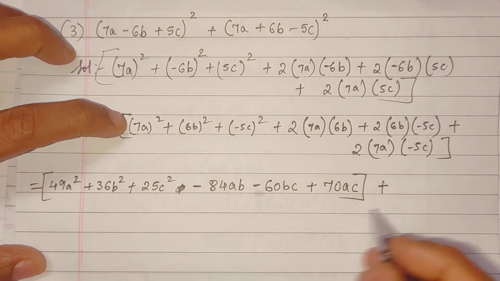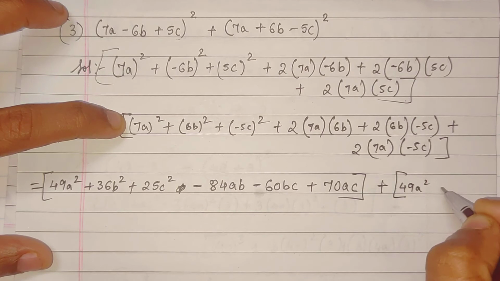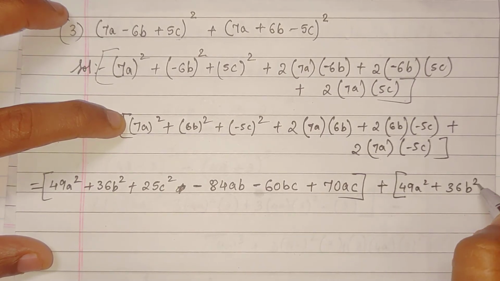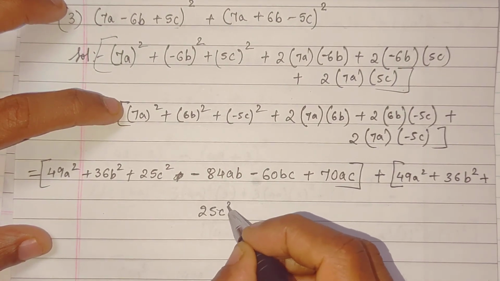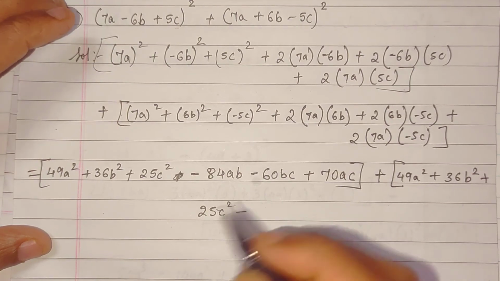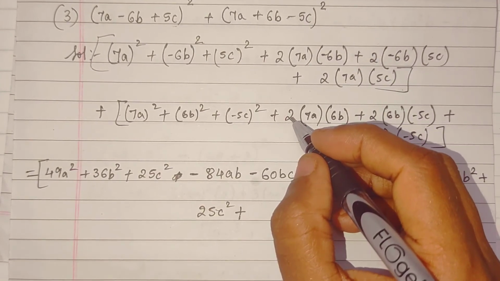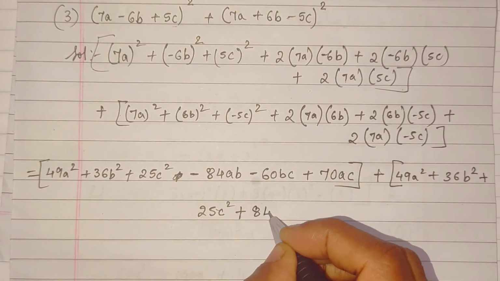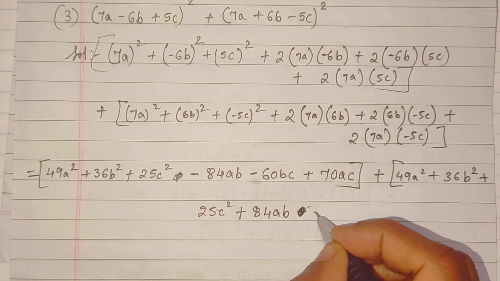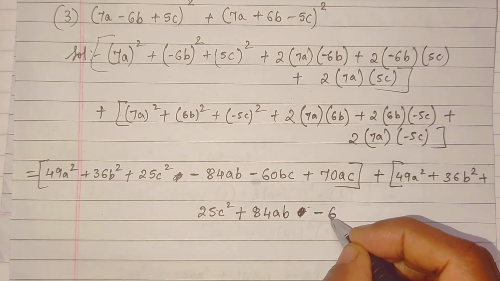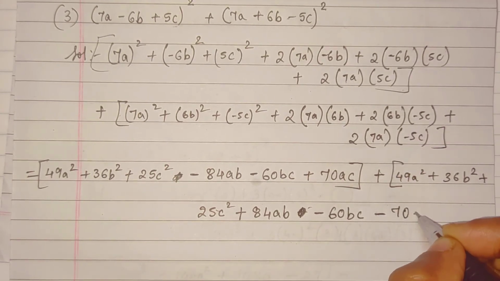So that will be 7 7s are 49 a square plus 6 6s are 36 b square plus 5 5s are 25 c square, then plus 6 7s are 42, 42 2s are 84 ab, then, sorry, here we have a single negative sign, 5 6s are 30, 30 2s are 60 bc, then again a single negative sign and 70 ac.